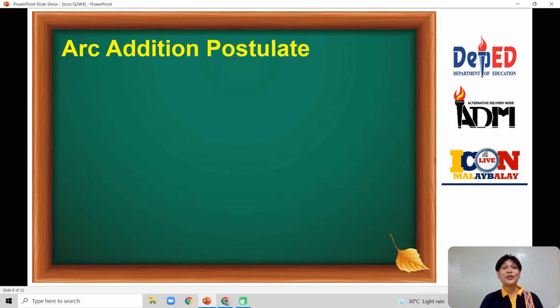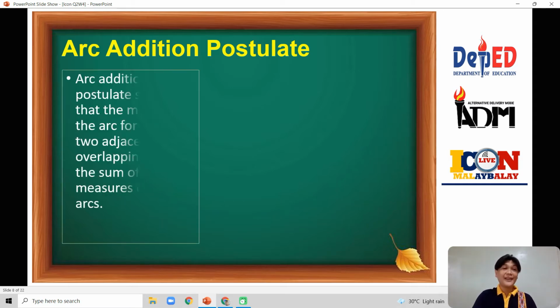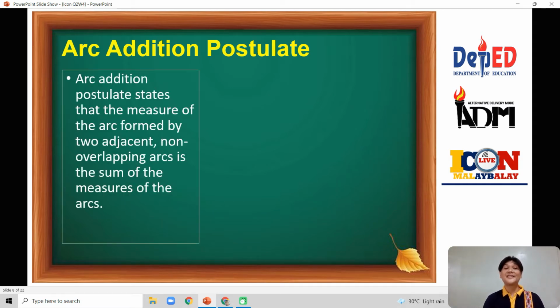Arc Addition Postulate. The Arc Addition Postulate states that the measure of the arc formed by two or more adjacent non-overlapping arcs is the sum of the measures of the arcs.